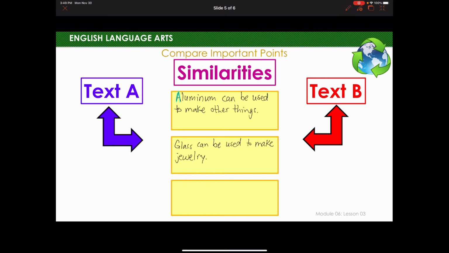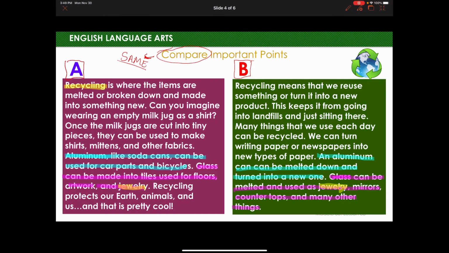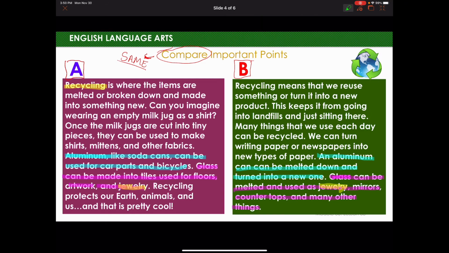All right, let's go back to the passages again and let's see if we can find one more thing that they have in common. Look at the wording and see if you can find something that is similar. Well, they both talked about recycling.